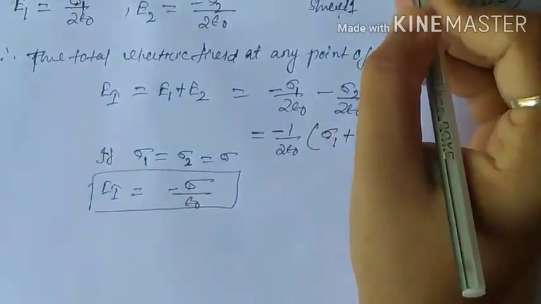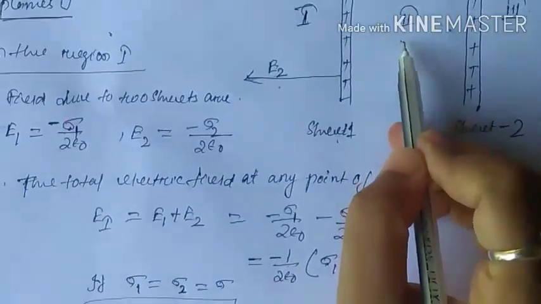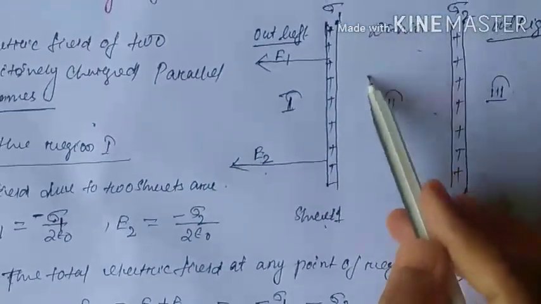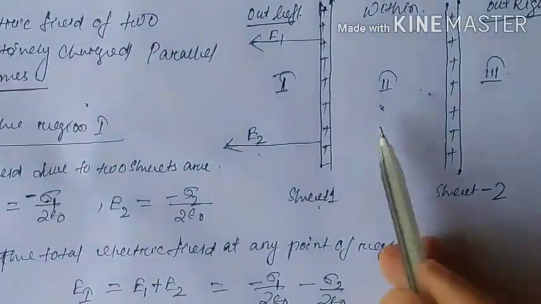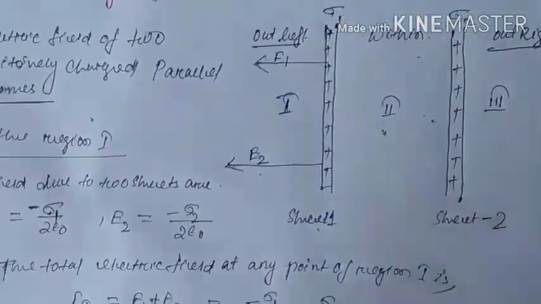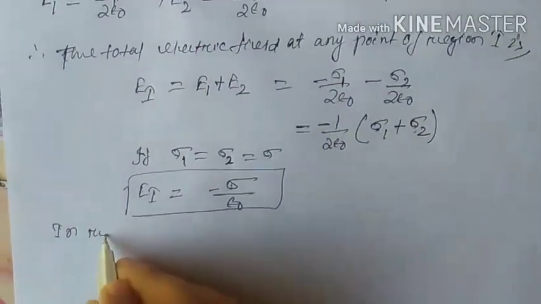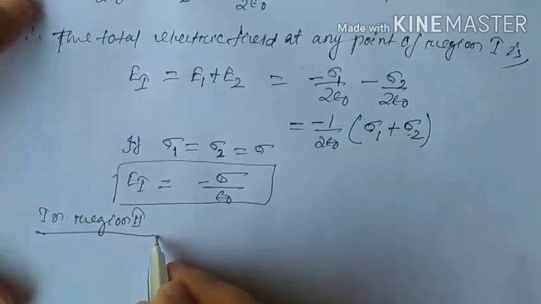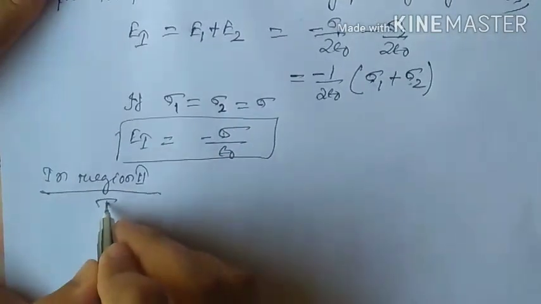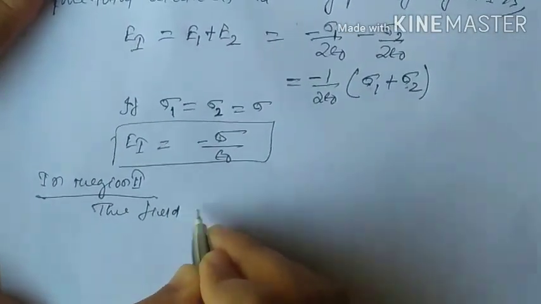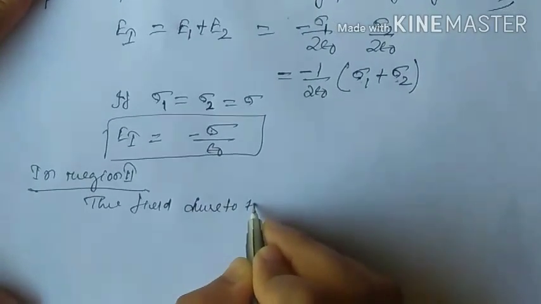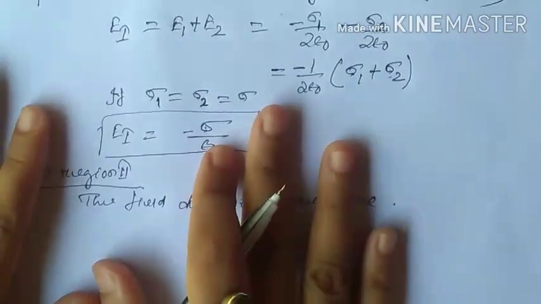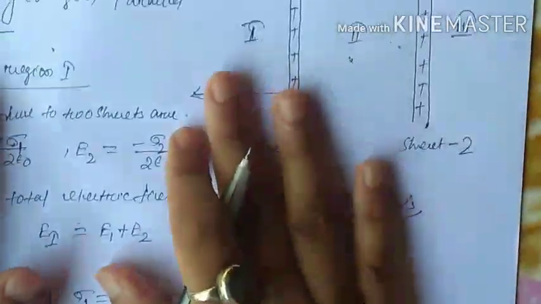Similarly, we will calculate now for region 2. In between the two plates or two planes, what is our electric field? So in region 2, the field due to two sheets are, how is it?